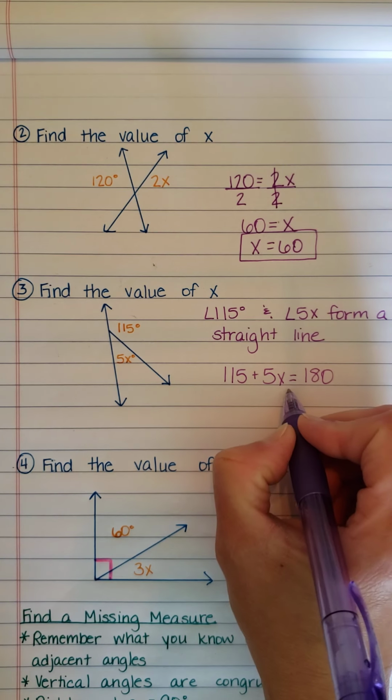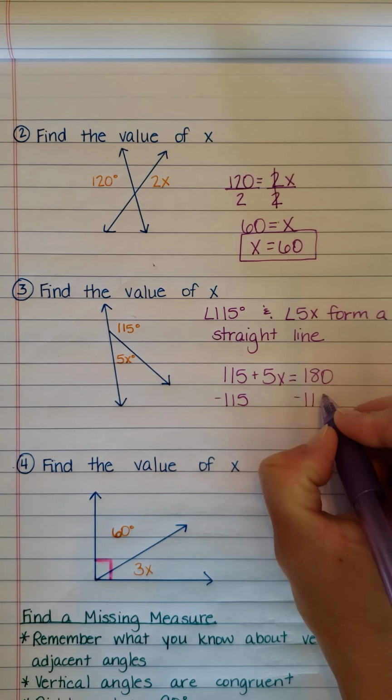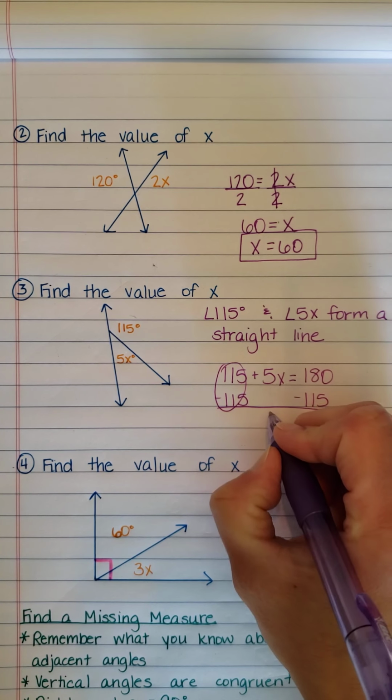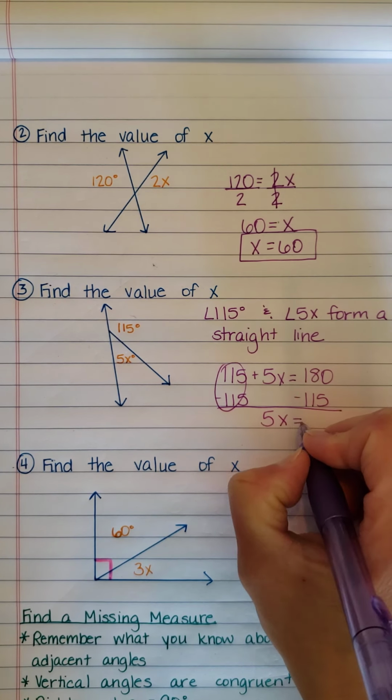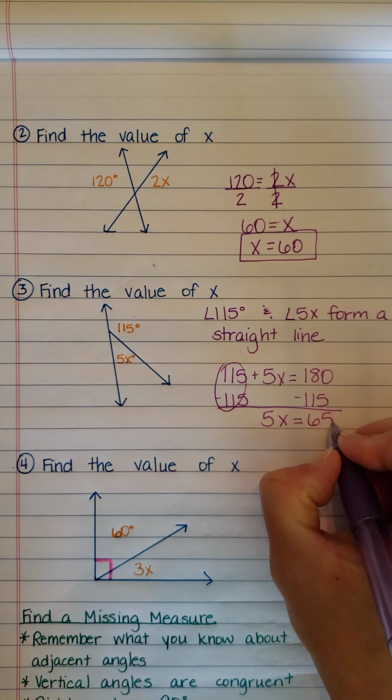So I need 5x by itself, so I'm going to get rid of 115. So I'm going to subtract 115 from each side. That makes 0. That leaves me with 5x equals 180 minus 115 is 65.